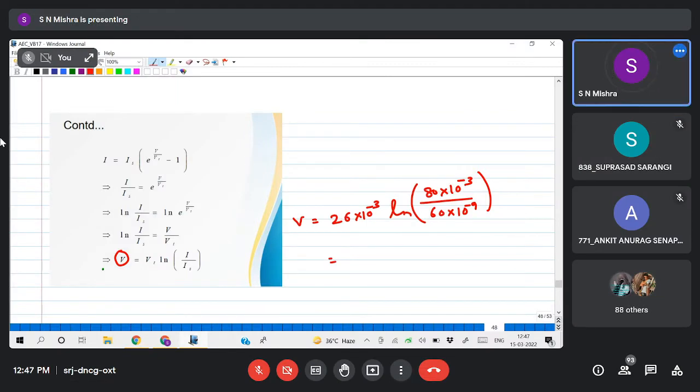Now answer. You have to take ln, okay, not log. If you take log, the answer will be different.